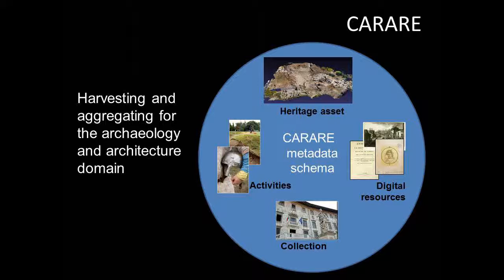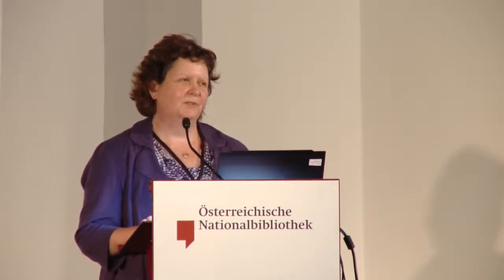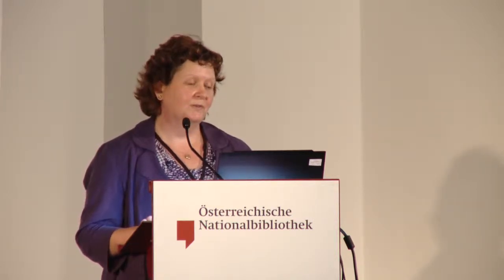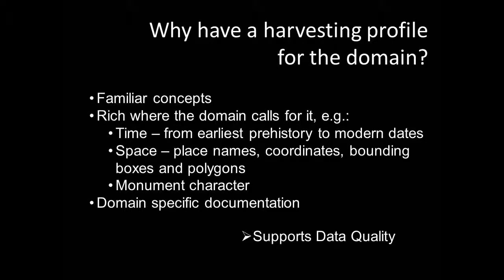You could ask why we shouldn't just use something like Lido or Dublin Core or one of the other schemas that are around, but the benefit of having a harvesting protocol which is specific to a domain is that we can refer to concepts that are familiar to people. It's rich where the domain calls for it to be rich. So we have a huge amount of information about time and space and about the character of the monuments that are being described.